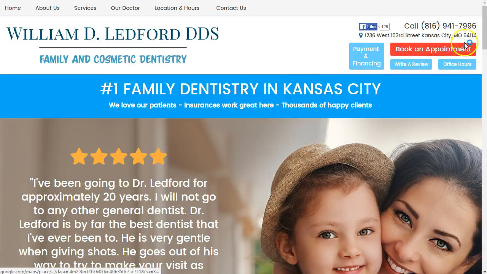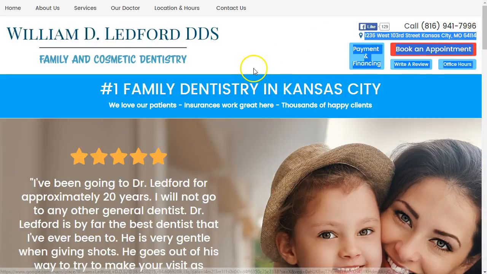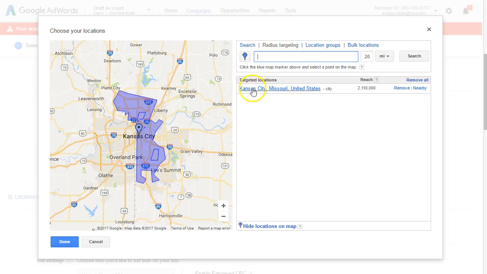For example, this is the address. Right, so if you search that, that's 20 miles.